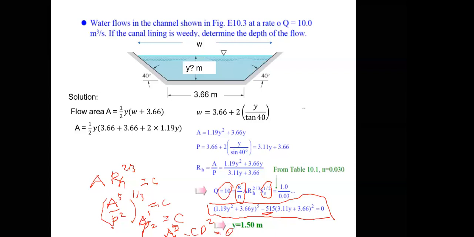We also discussed the surface wave speed, either a single surface wave or sinusoidal surface wave. We can calculate the speed of the wave, and then we discuss the concept of specific energy or specific head and how it relates with the depth.